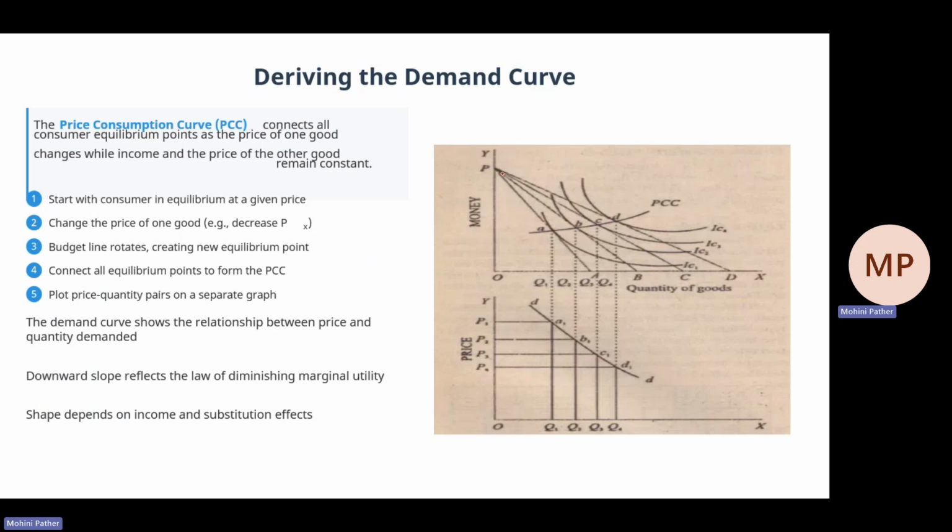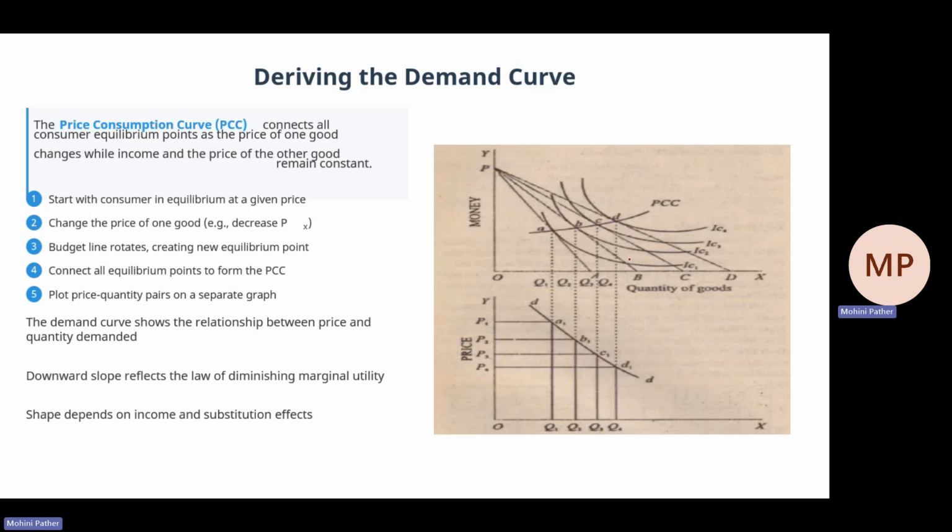Okay, so we also see a movement outwards. Why? Because it means that we can afford more of good X. So you'll see a shift from point A to point B. The budget line now rotates, creating a new equilibrium point at point small b. Okay, so your tangent has moved outwards.